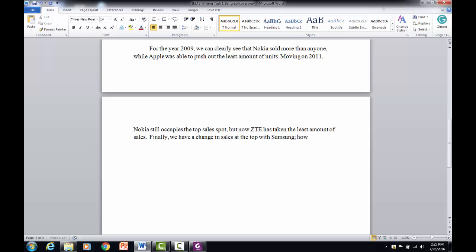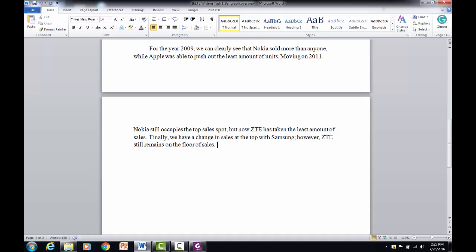However, ZTE still remains on the floor of sales, right?